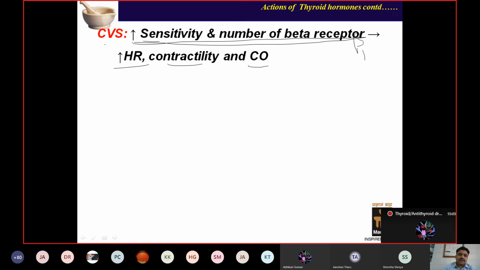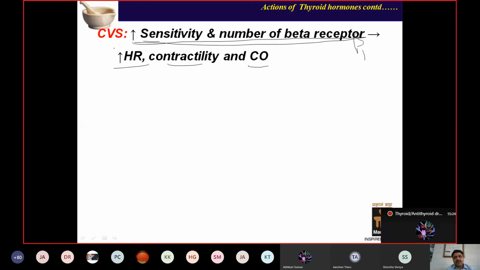Remember, when there is a deficiency of thyroid hormone, the sensitivity and number of beta receptors go down, so the heart rate, pulse, and blood pressure may decrease.